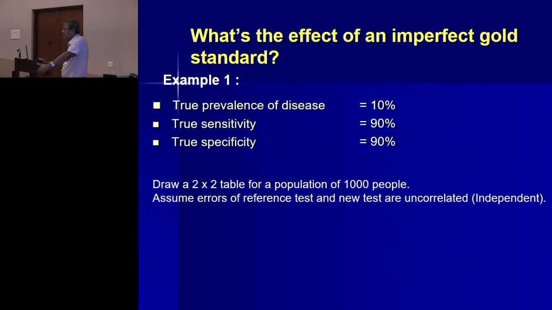So what's the effect of an imperfect gold standard? Just an example. Suppose the true prevalence of disease is 10%, true sensitivity is 90%, true specificity is 90%. Please draw a 2x2 table for a population of 1,000 people. Can you do a small exercise? Can you draw a 2x2 table?